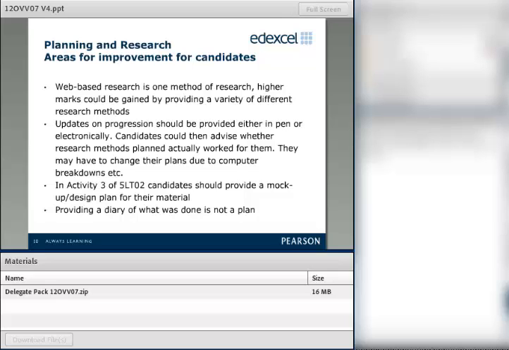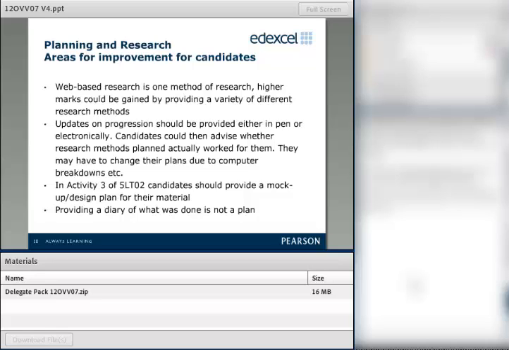Some of them are just going through the motions, and sadly some of them provide a diary of what they did do, which does cause problems, because if they're writing up in the past, that's not a plan, and you can see where our problems arise when we're trying to moderate, because they haven't actually grasped what it is that we're trying to get them to do here. So just bear that in mind, really.